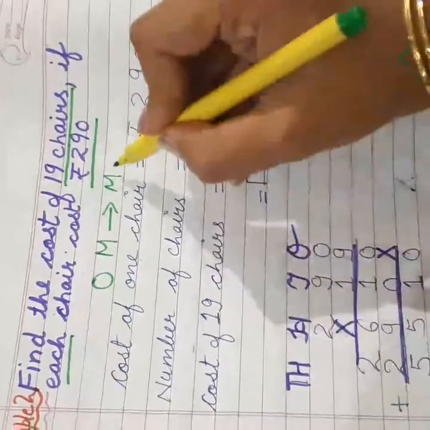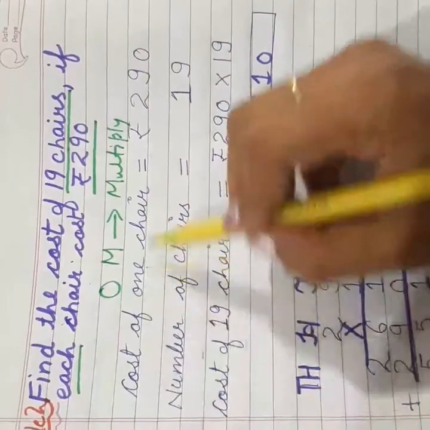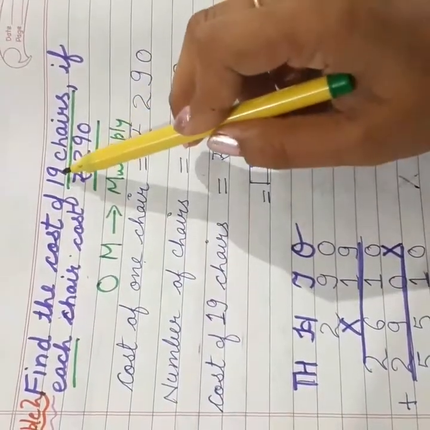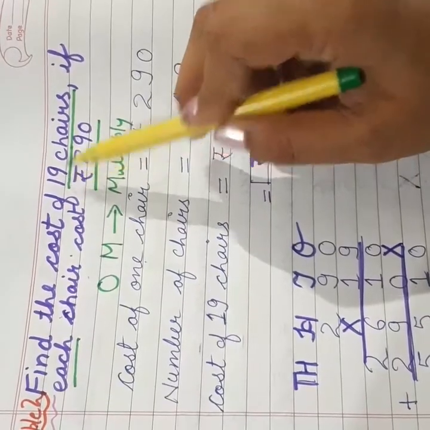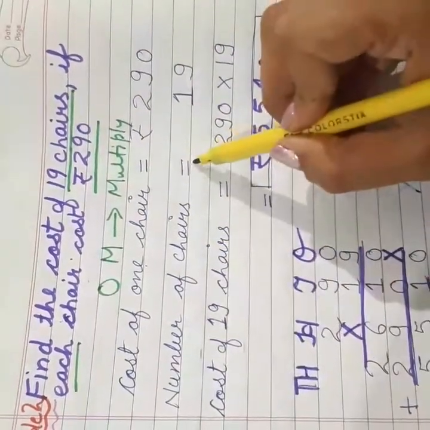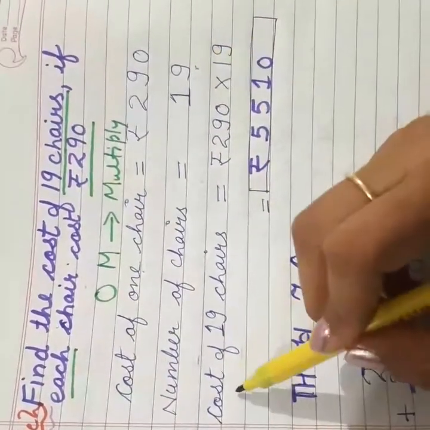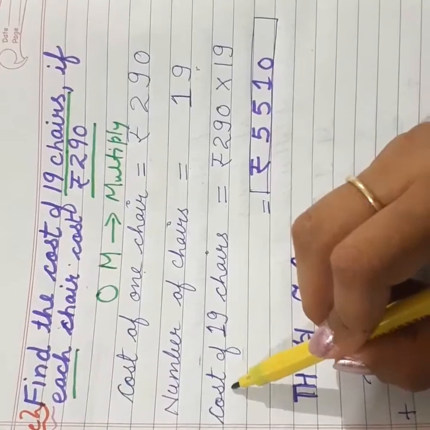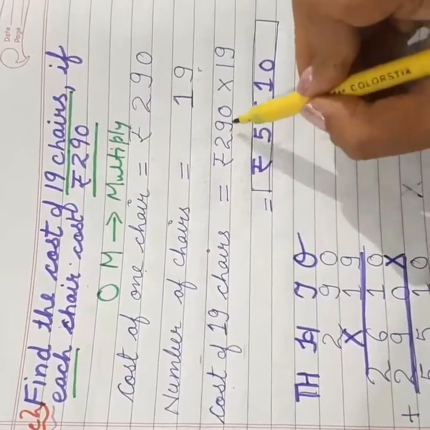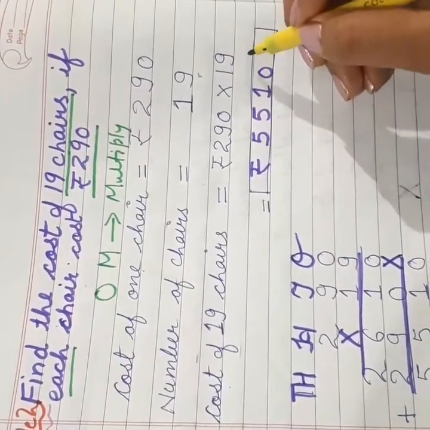Then you write number of chairs is 19. And the cost of 19 chairs will be 290 multiplied by 19.